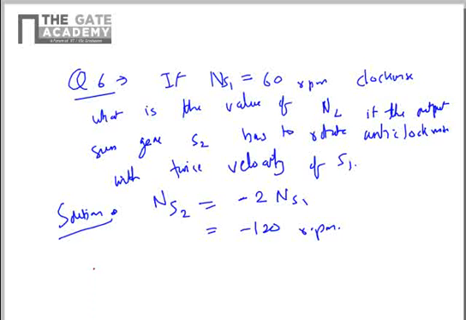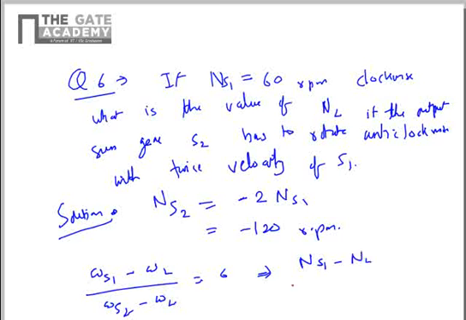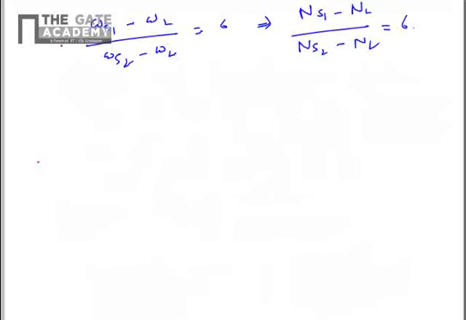In our earlier derivation, we saw that omega S1 minus omega L divided by omega S2 minus omega L is equal to 6. Since omega is 2 pi n by 60, you can take it common and cancel out. So NS1 minus NL divided by NS2 minus NL is equal to 6. Now we put the value NS1 equal to 60 clockwise, and NS2 is minus 120, that means anti-clockwise.